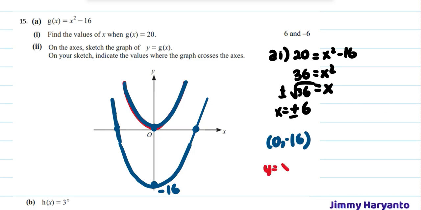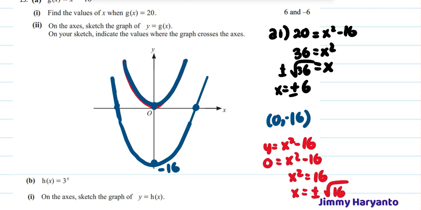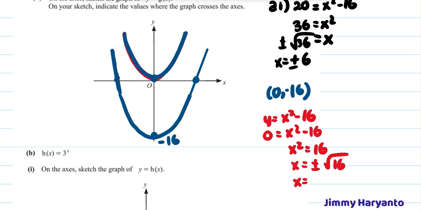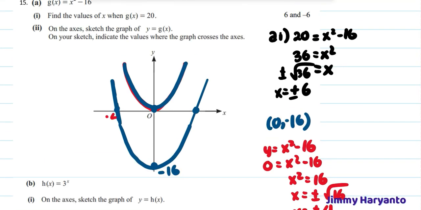So we have y equals x squared minus 16, 0 equals x squared minus 16. So x squared equals 0 plus 16 equals 16. X equals plus minus square root of 16. That means x equals plus minus 4. So this one is negative 4, and this one is 4. That's it.